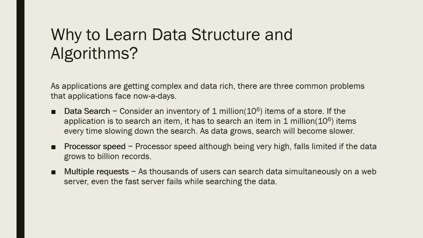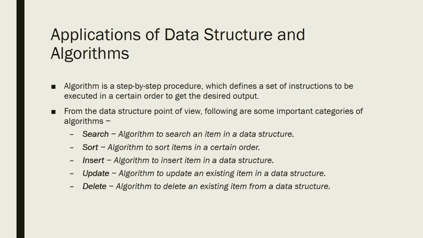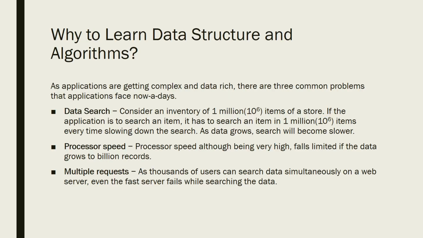Now, another common problem is the processor speed. Although processors have high speed, it will be limited as the data grows to millions of records or even billions. Another one is the multiple requests.